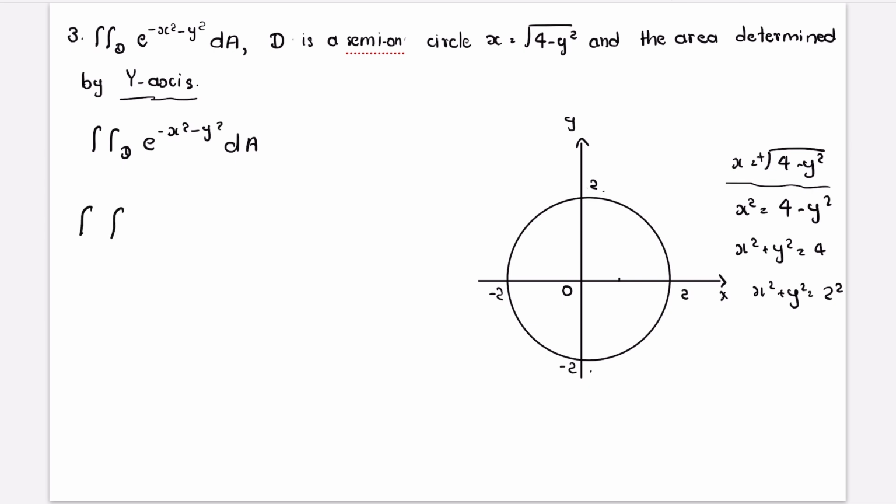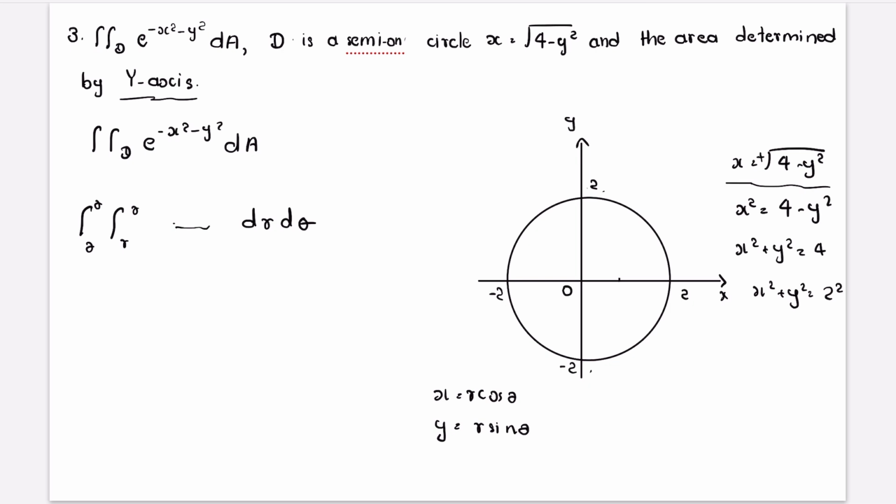So this time we will use a different formula because there is x squared plus y squared, and x is equal to r cos theta, y equal to r sin theta. So it has to be r dr d theta.